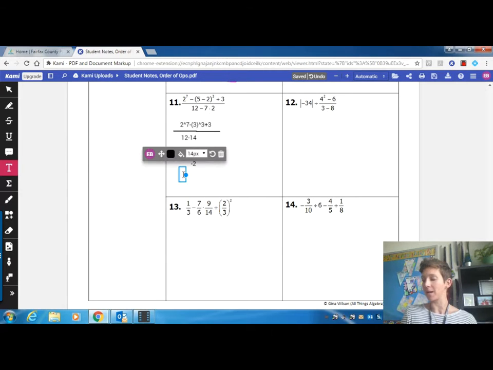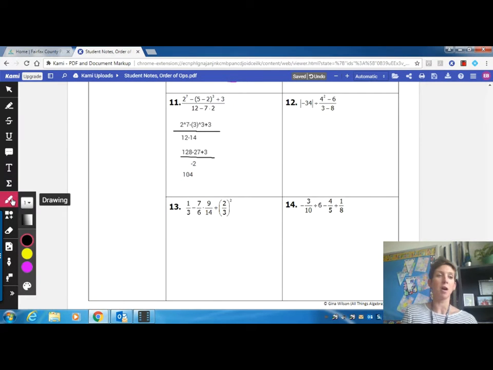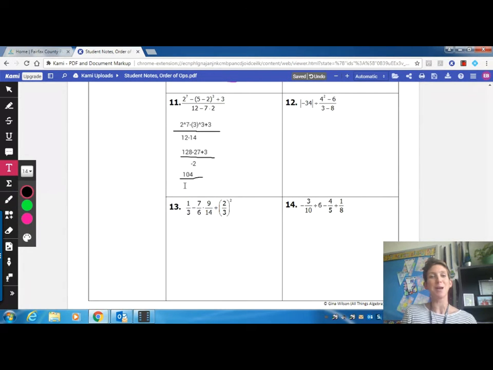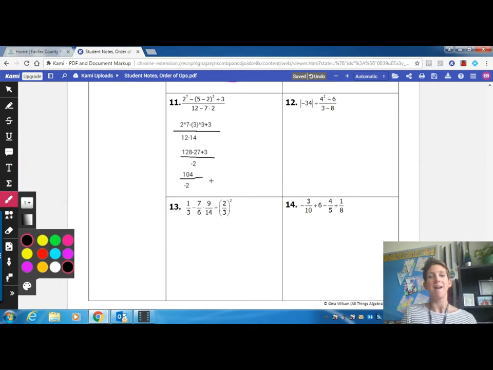So 128 minus 27 plus 3 will give me 104. Again, I have to draw in that fraction bar again because I don't have a way to do it otherwise. And we have negative 2. And now I can do 104 divided by negative 2, and I'll end up with an answer of negative 52.